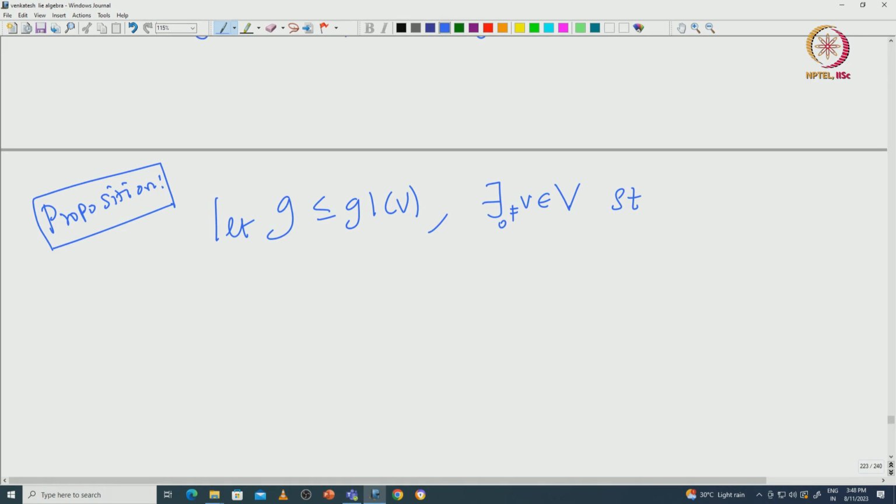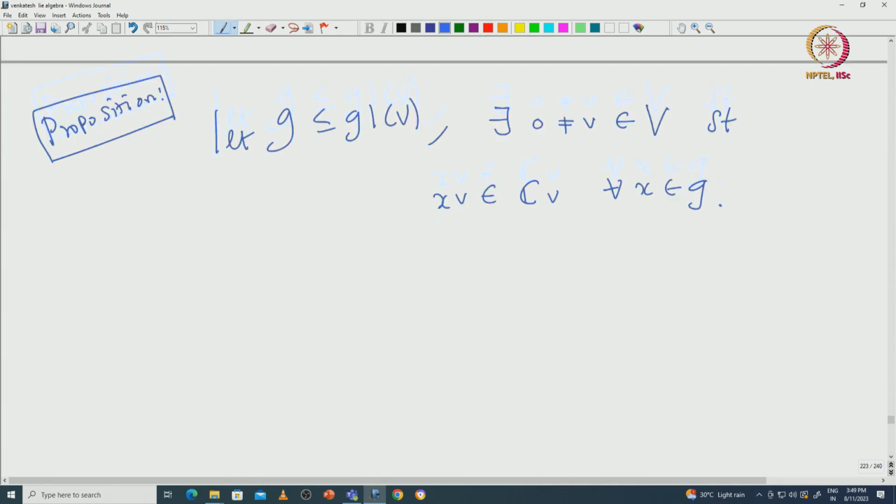It means there exists a non-zero vector v in V such that x times v is inside the one dimensional space spanned by v for all x in G. This is the same as saying that v is an eigenvector for all x in G.